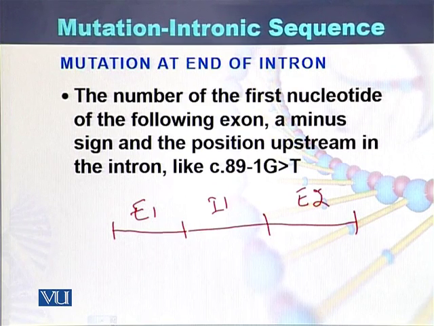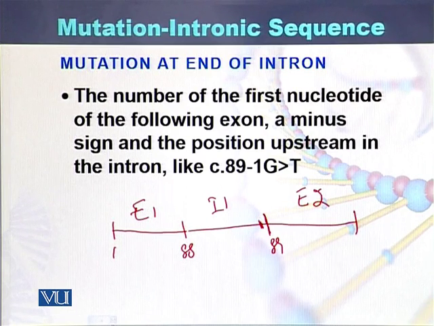If there is a mutation present in intron 1 at this location, how do we write it? The last nucleotide of exon 1 is 88, so the first nucleotide of exon 2 will be 89.